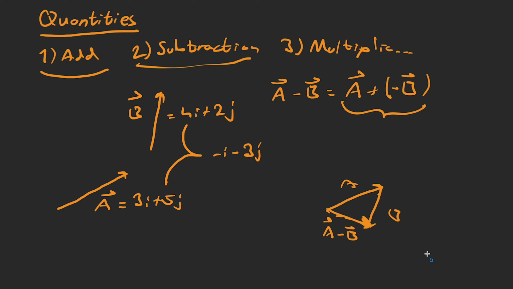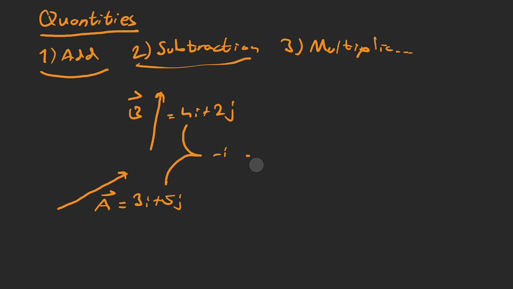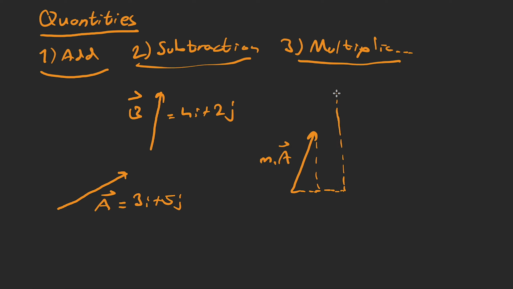For multiplication, we're going to see different methods later on, but let's first understand how we can multiply a scalar quantity and a vector quantity together. It's pretty straightforward. If you have a vector A, when you multiply that with a scalar quantity, let's say m, you're just multiplying each of the values of the horizontal and vertical components.